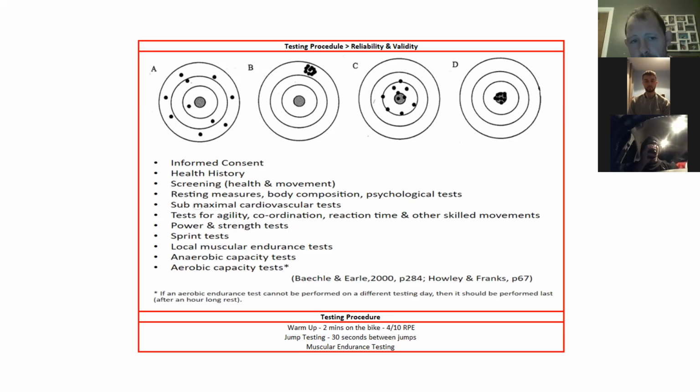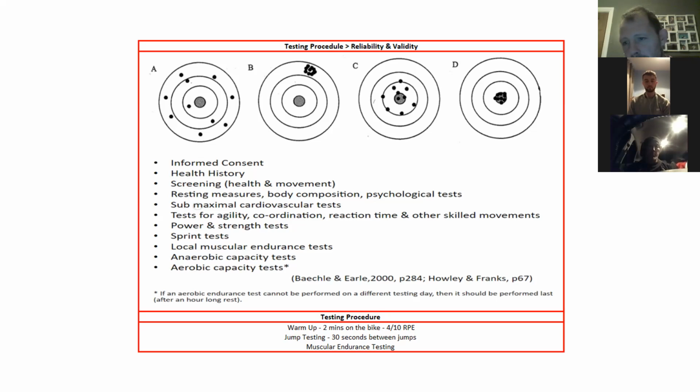Generally speaking, when someone comes in, you get an idea of their health history. If you were to predict an injury, where would the site be? It would nearly always be the site of a previous injury. So you've got to ask these questions and start to paint a picture.